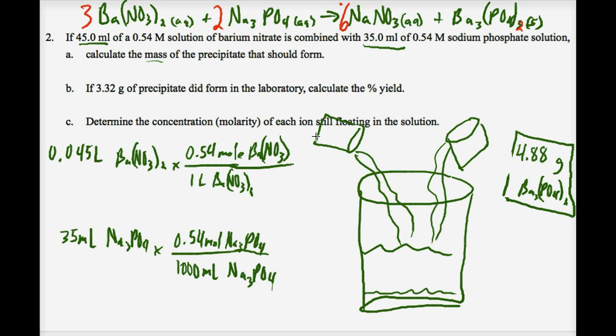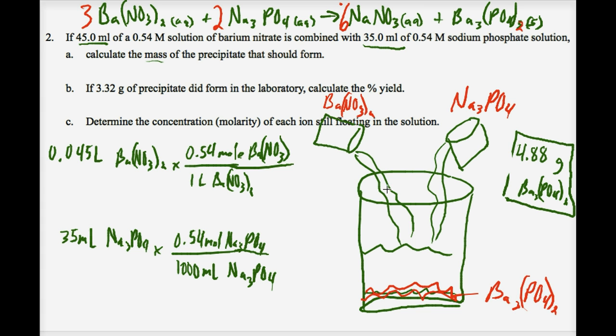I'll label this one the barium nitrate, and this is my sodium phosphate. And the crust that I get on the bottom here is Ba3PO4. All right, and we said our limiting reactant was the barium nitrate, and our excess reactant was the Na3PO4.